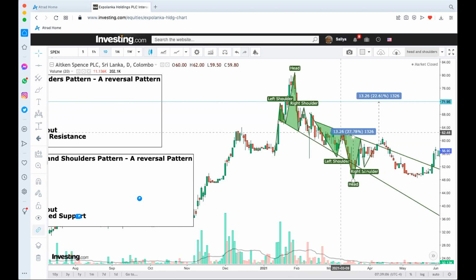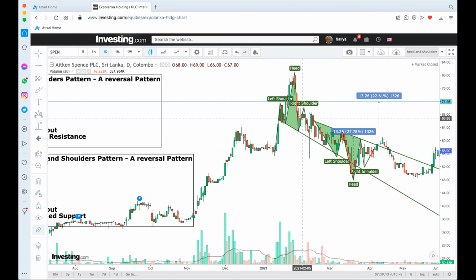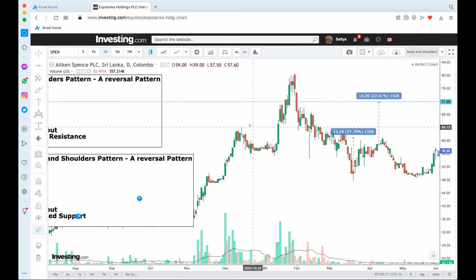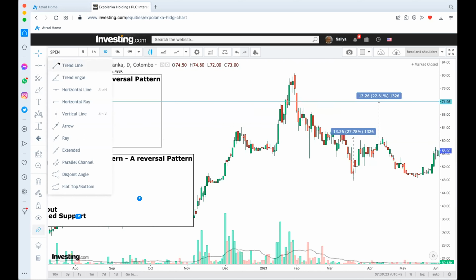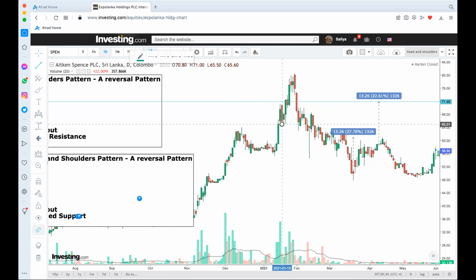If you spot the 2 points for the neckline and then the head, then you can easily, without drawing all this, use this point and this point and draw the neckline and stretch it up, right? Like that.